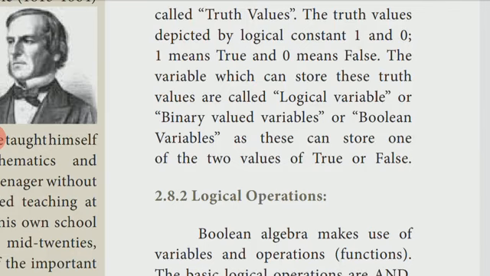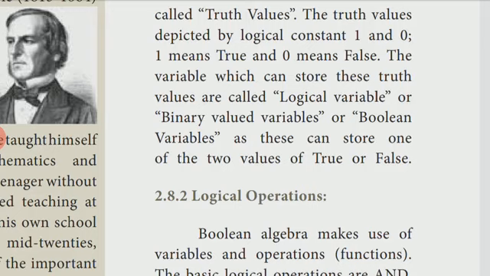And the variables we use to store the values are called binary valued variables, logical variables, or Boolean variables. So, 3 names are there. For example, a equal to 0.